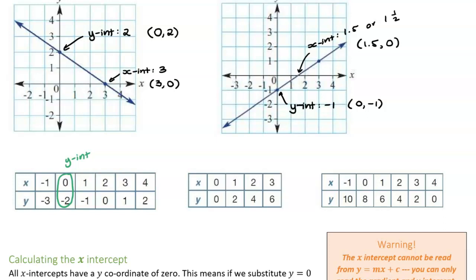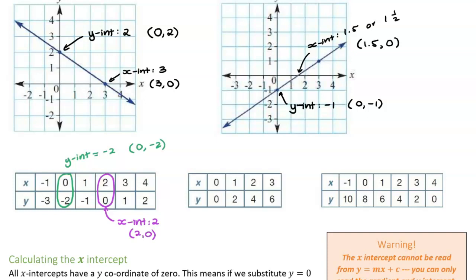So the y-intercept, you could either write that as the value of y, -2, or I like to write it as a point, 0, -2. The x-intercept is going to have a y-coordinate of 0. So the x-intercept here, we could either write that as 2 or as a point, 2, 0.